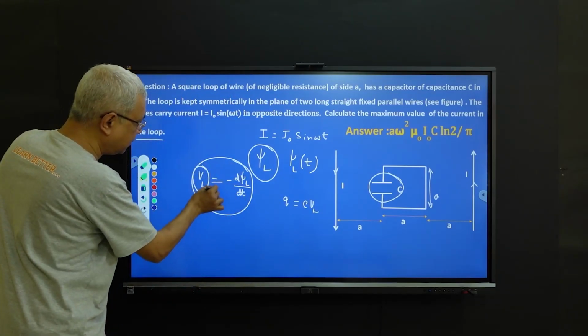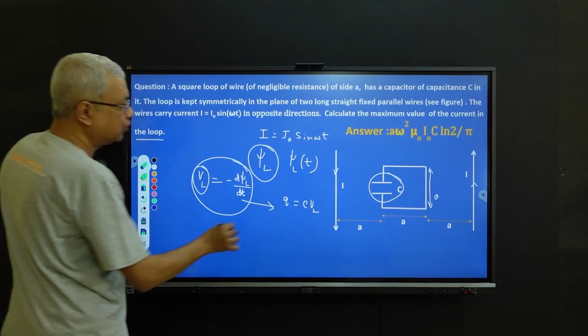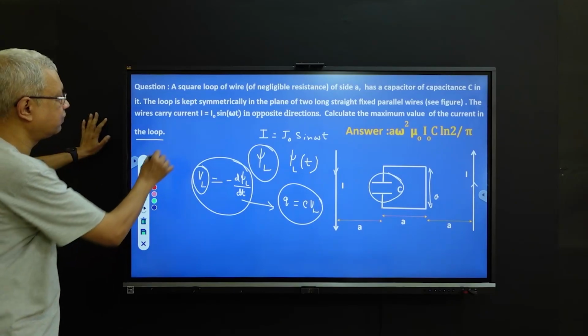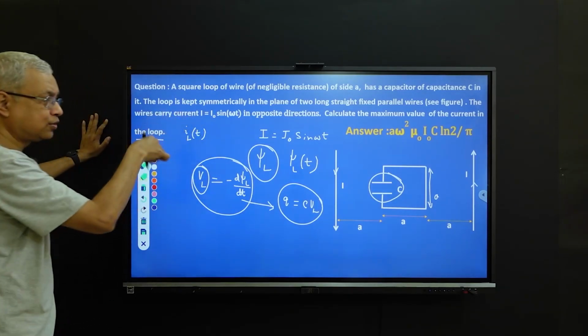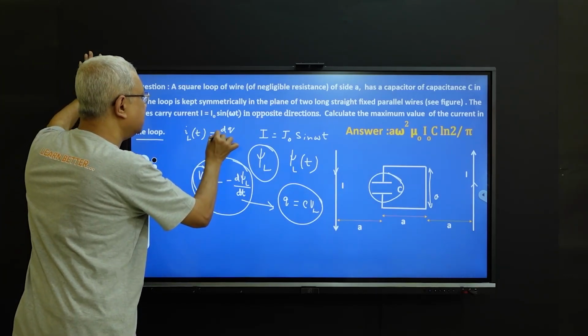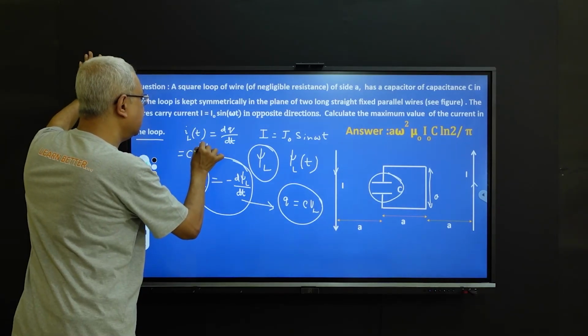VL we have calculated using this, so from that I can calculate Q, which is C VL. And once we find Q, we can calculate the loop current. I_L(t) is actually dQ/dt, which is nothing but C dVL/dt.